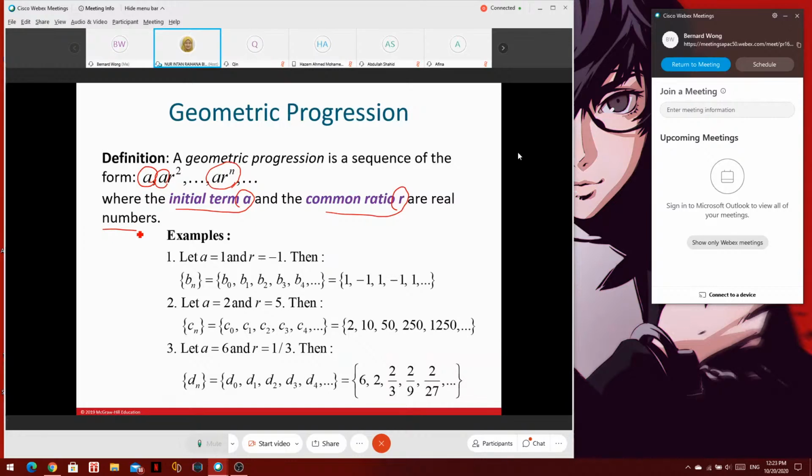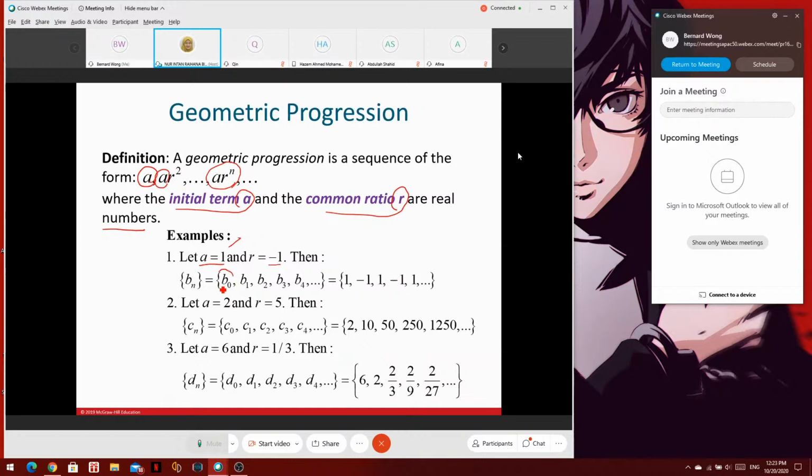Usually we use real numbers. Example: let a equal 1, this is the initial term, and r, the ratio, equal -1. Then what will you have for the list of b_n?